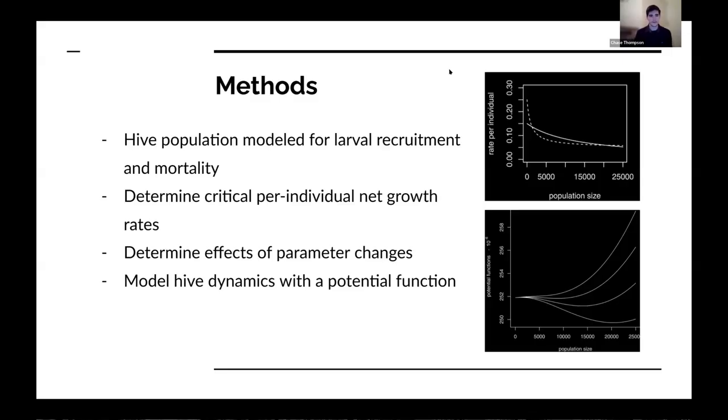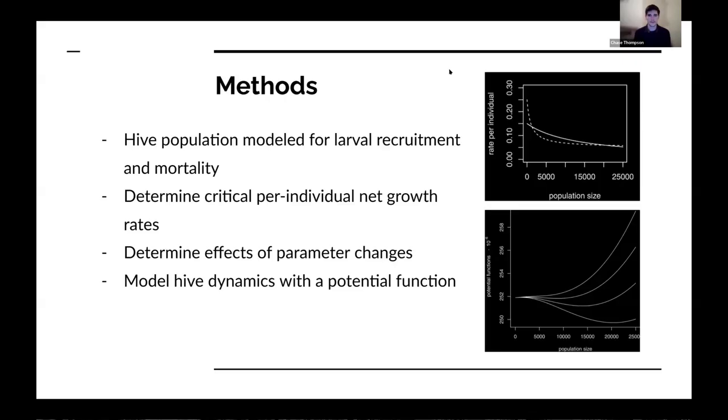And this graph was produced according to a number of factors. These include the rate of egg laying and the recruitment of larval bees to worker bees and their ability to forage.